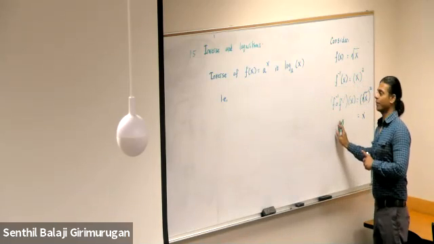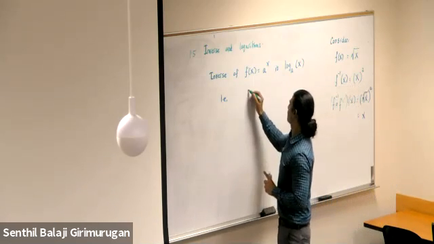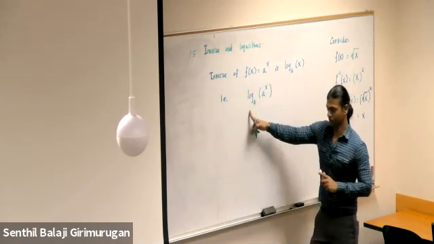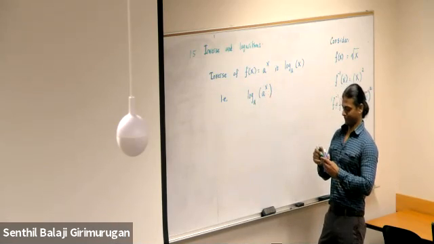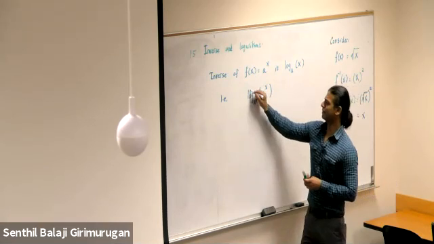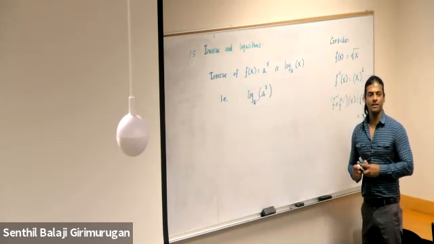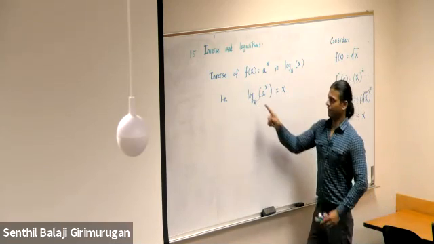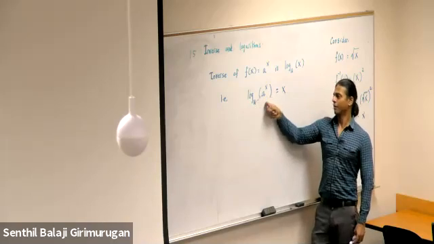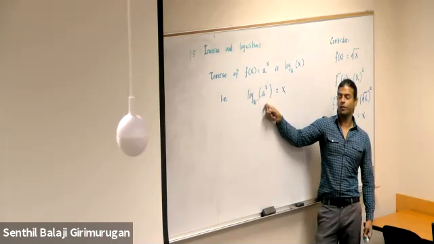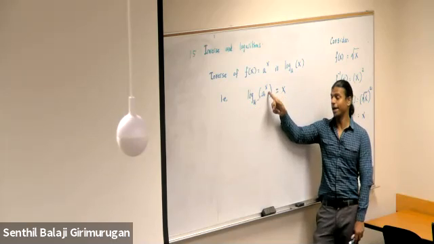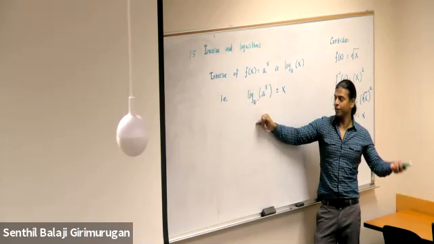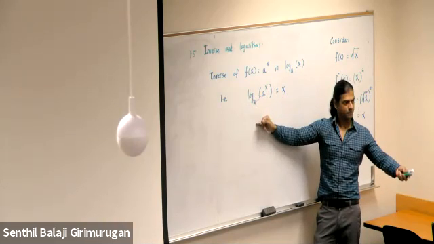I'm going to do the same thing over here. If I took log base a of a raised x, log of an exponential, and I do this informally, that goes away, you end up getting x. In other words, the log base a got rid of a raised x. We exponentiated the value x, and the logarithm came in. It got rid of the exponentiation function. Does that make sense?